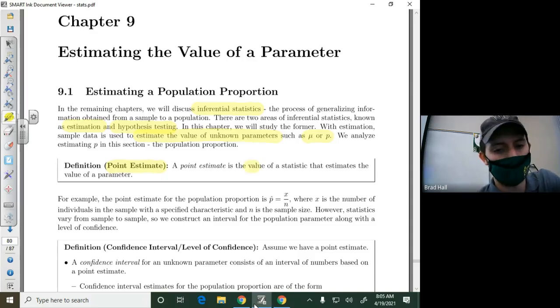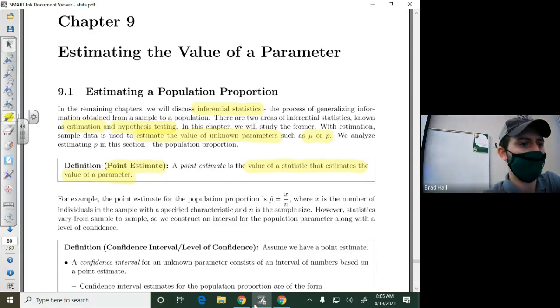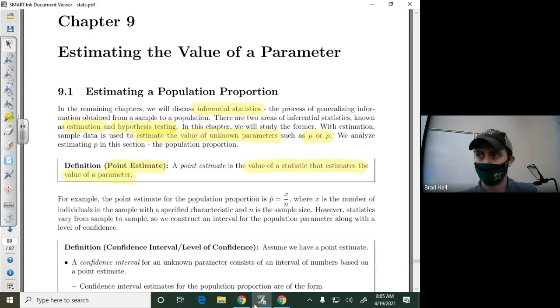It's the value of a statistic that estimates the value of a parameter. So statistic refers to sample, parameter refers to population. So a statistic would be some value you find about the sample, and you think, all right, this number seems good enough. Let's maybe apply this to the population.